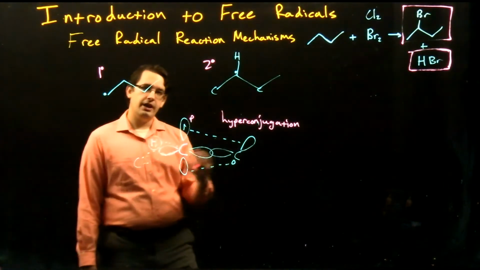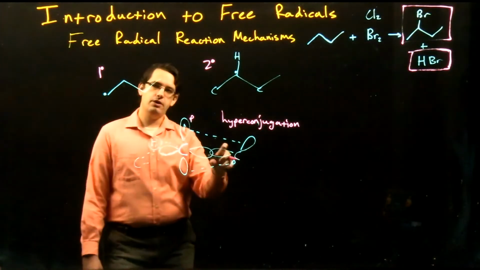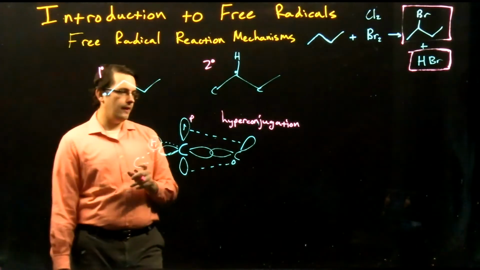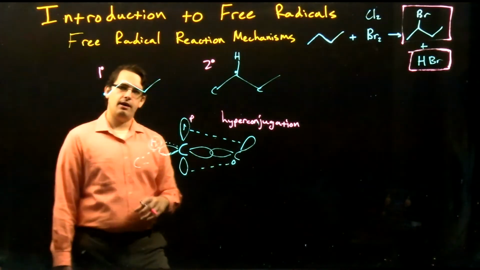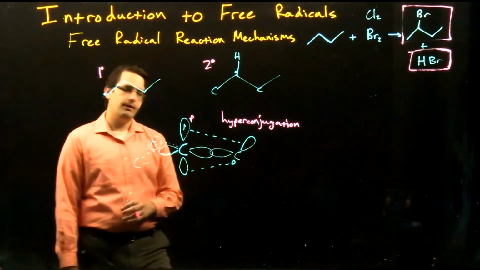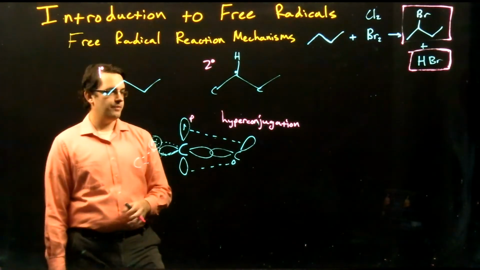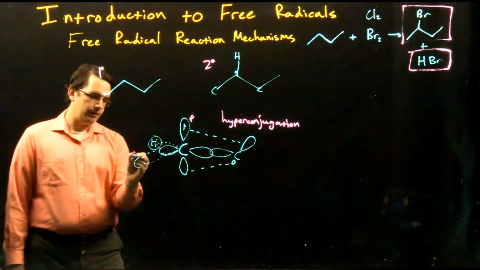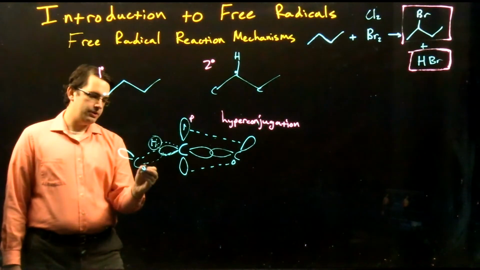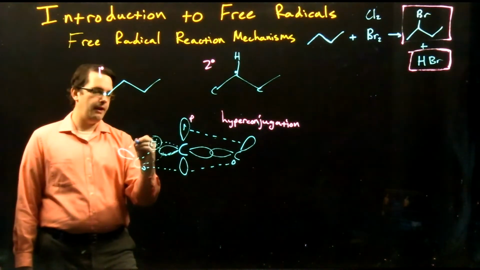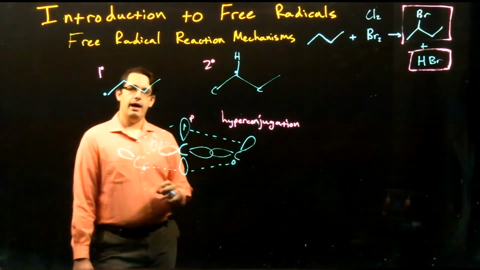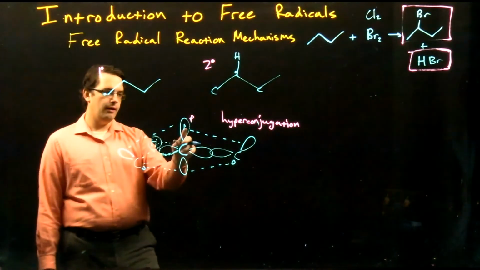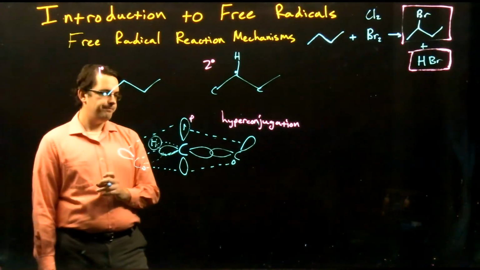So our hyperconjugation will occur here, where we have this partial overlap between our p orbital with our single free radical electron and our adjacent carbons that can actually partially overlap using their sp3 orbitals. For each carbon that we have adjacent to our free radical carbon, that will be additional orbitals that can partially overlap, and it will then add additional stabilization for that free radical lone pair or unpaired electron.